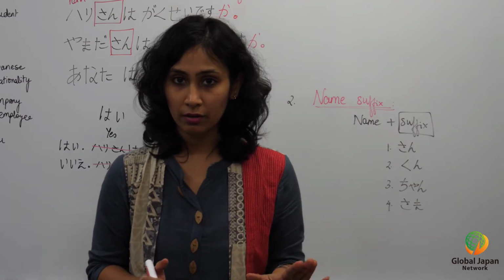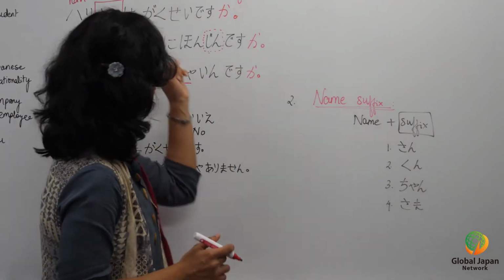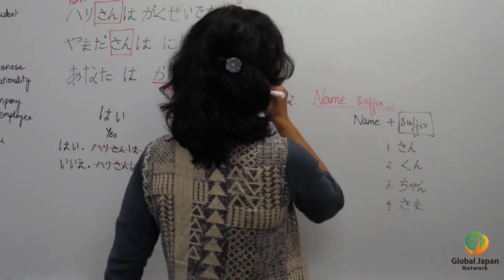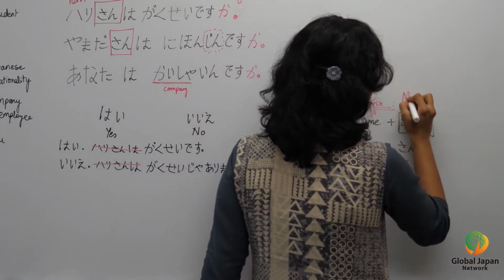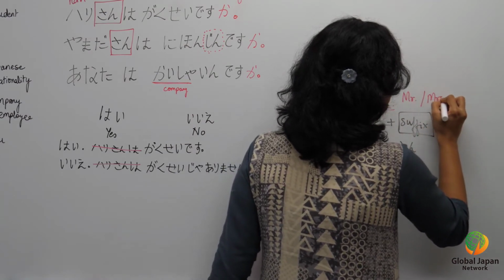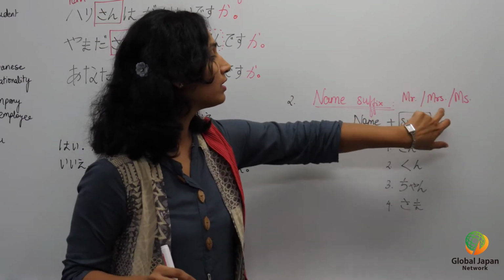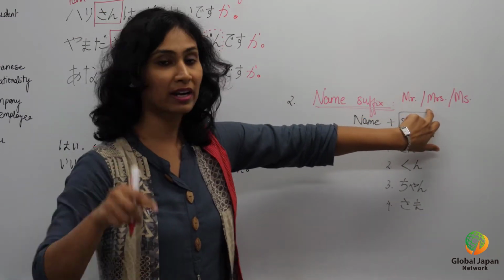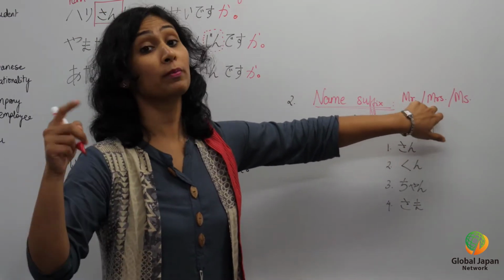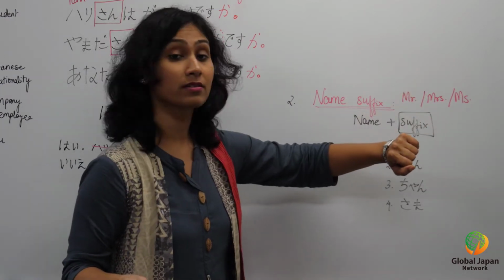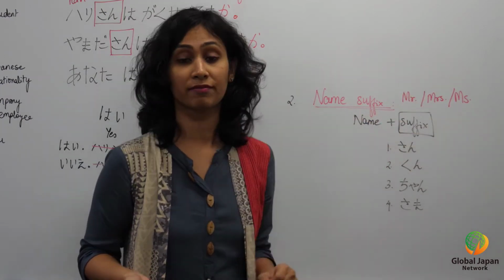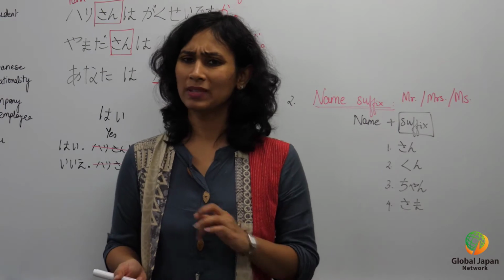Irrespective of gender. In English, the equivalent of a name suffix would be Mr., Mrs. or Miss. So in this case, you have to know whether it is male or female to attach the suffix. Then you may also have to know the marital status in case of female. But that's not the case here.